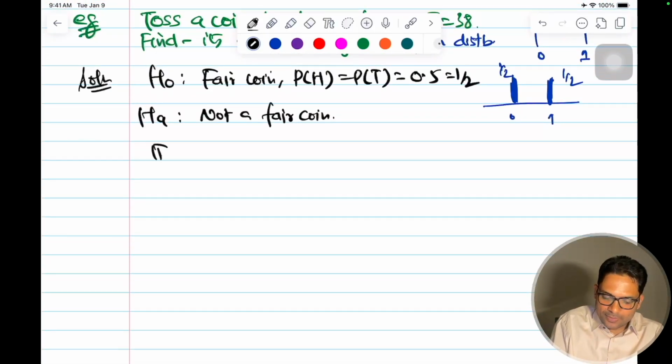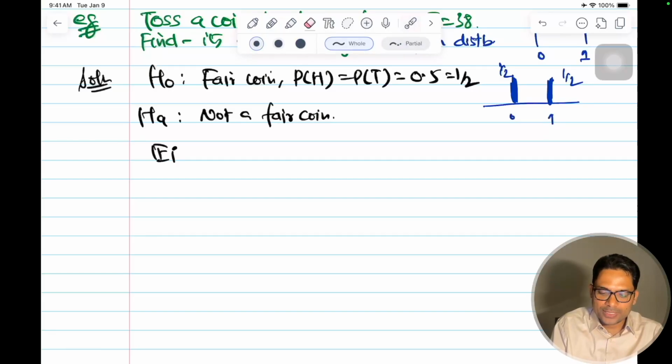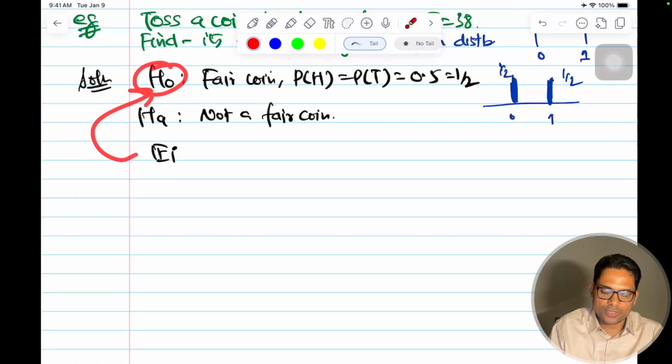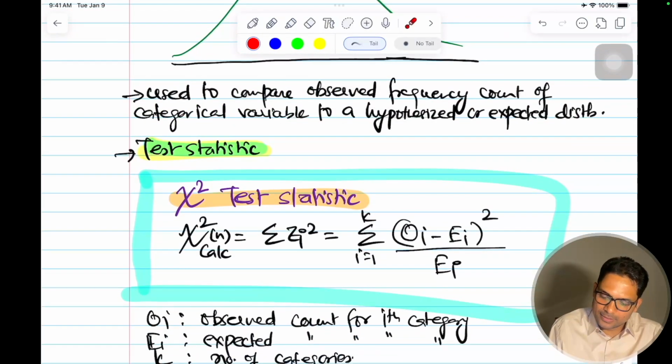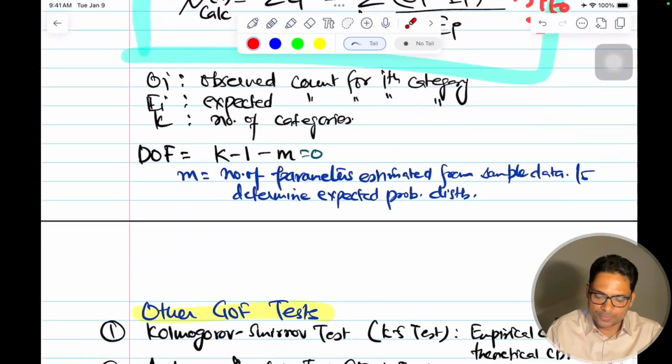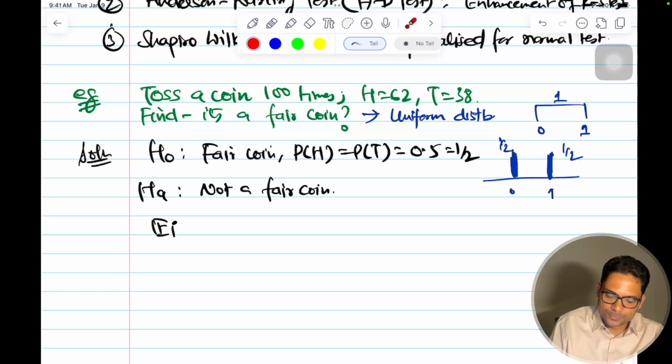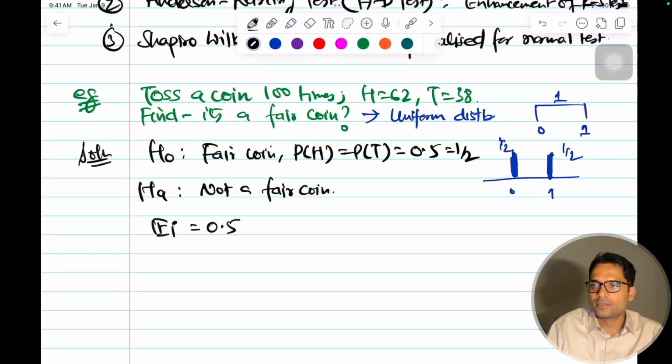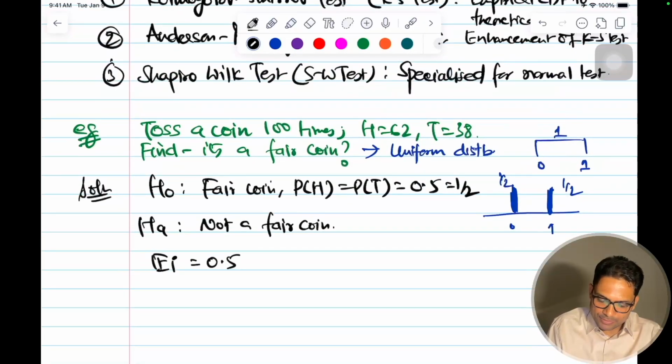So what is my expected value E_i if it is a fair coin under the null hypothesis? Everything here, all this O_i, E_i, is under H0, assuming H0 is true. If it's a fair coin, then the expected value should be half of 100 times, that is 0.5 into 100, which is 50.